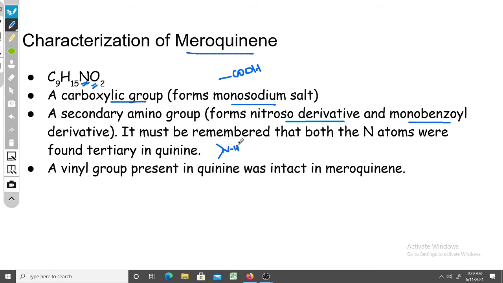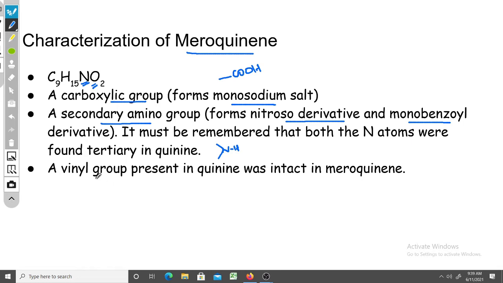That is, this H is replaced by COPh. So, in case of meroquinine, this nitrogen will be in secondary form. But we know that in quinine, both nitrogens are tertiary in nature. But in meroquinine, one of the tertiary nitrogens is converted into secondary form.